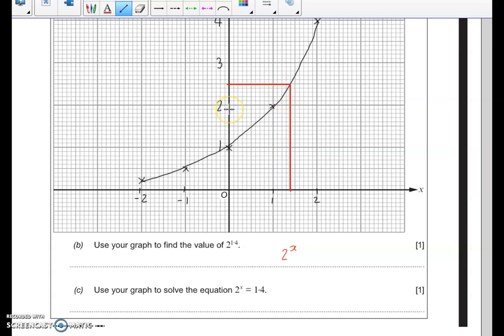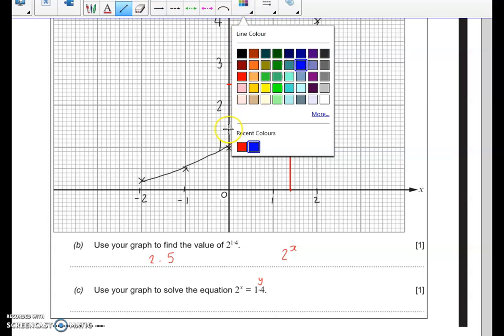And I've got 2.5 or 2.4. So let's put that in. So 2.5. And then it says use your graph to solve 2 to the power of x equals 1.4. So this time it's the y that's 1.4 we're looking at. So we're going to come across from 1.4 this time and down.